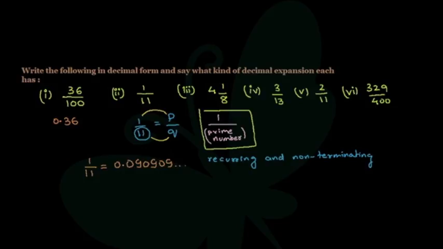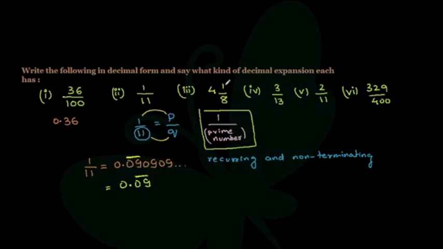So you would see here that 09, this block of two digits, keeps on recurring, right? So we may also write this in short as 0.09 bar. There you go.